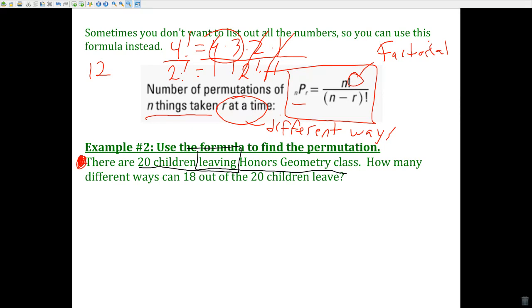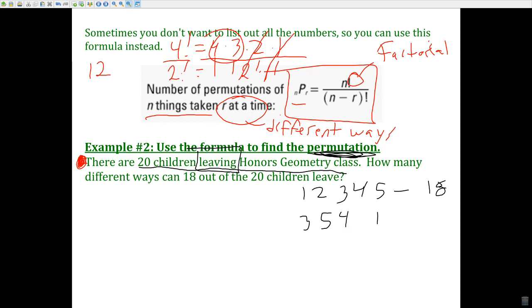Like I said, order matters for permutations. So you could have one kid leave first, another kid leave second, third, fourth, fifth, all the way through 18. Now, what if that kid that left first now left fifth? And what if that kid that left fifth left second?